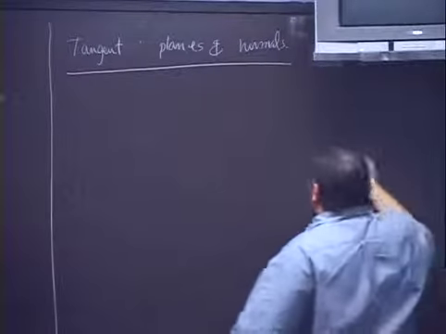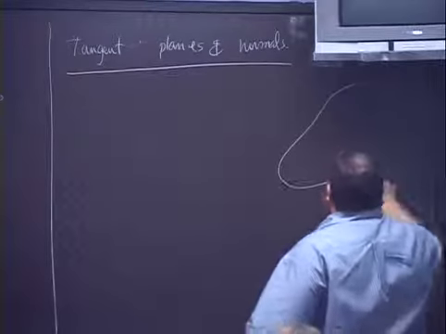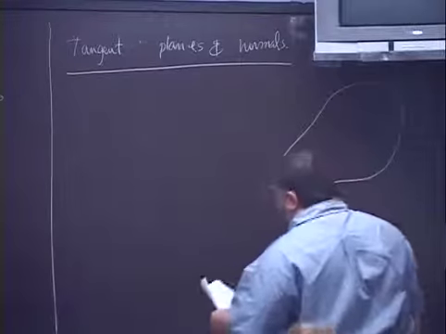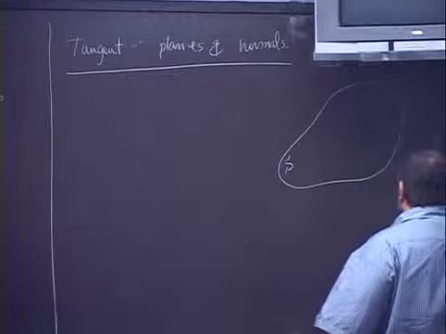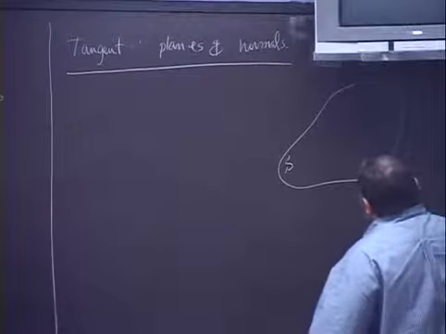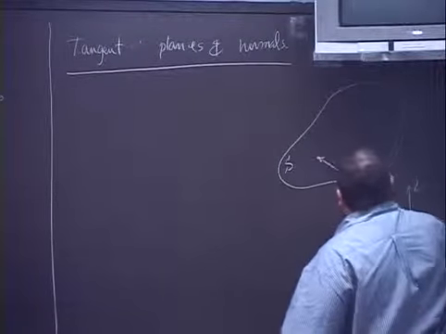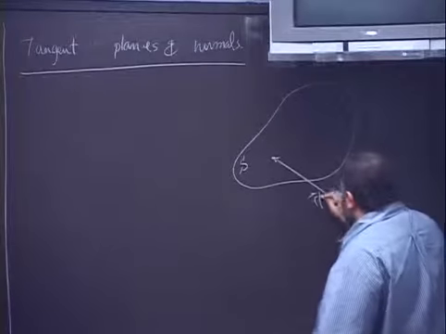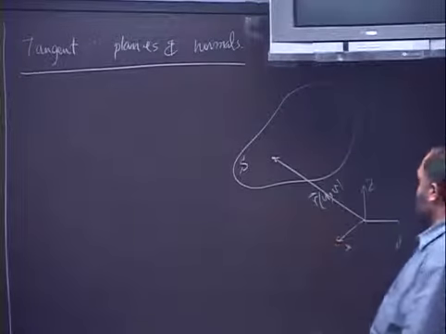Let's assume that we have a surface in 3 dimensions like this. This is surface S, and the coordinate system is here, x, y, z, and we have, let's assume, a point on this surface that has a position vector in parametric space now of u and v. So we have the parametric representation.